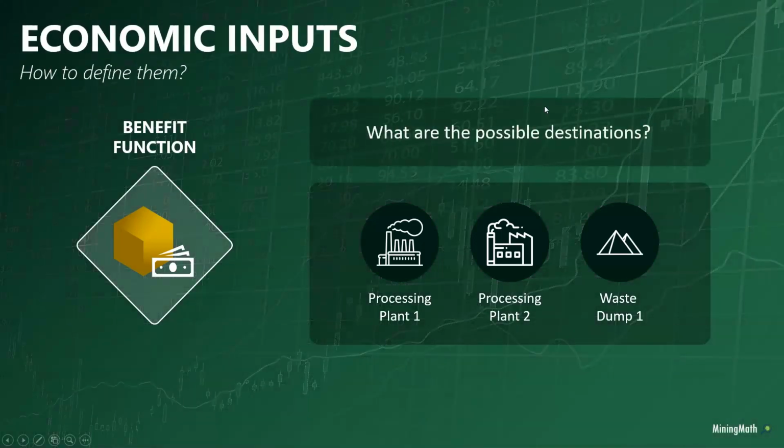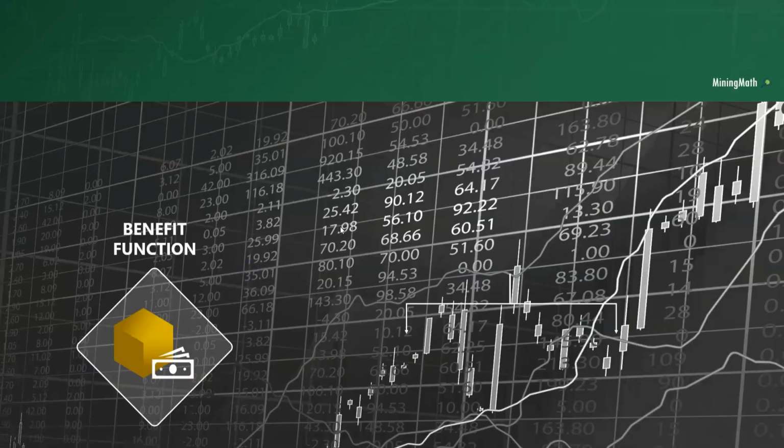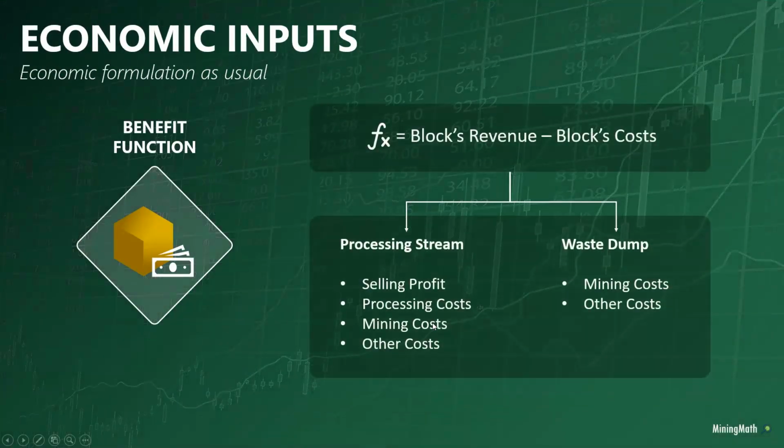For the benefit function, as I was saying, you can add as many destinations as you might need, not a problem at all, and the optimization will take care of these trade-off analyses, considering the time value of money, the if, when, and to where to send each block.